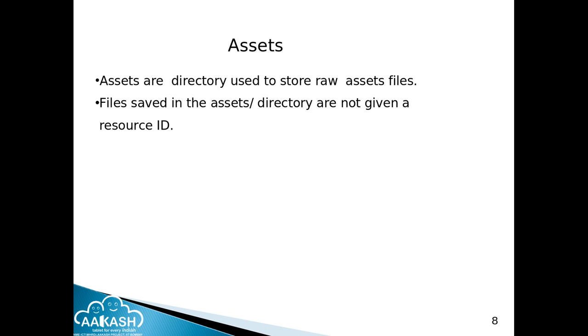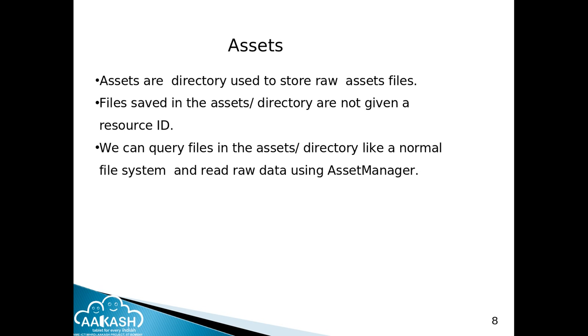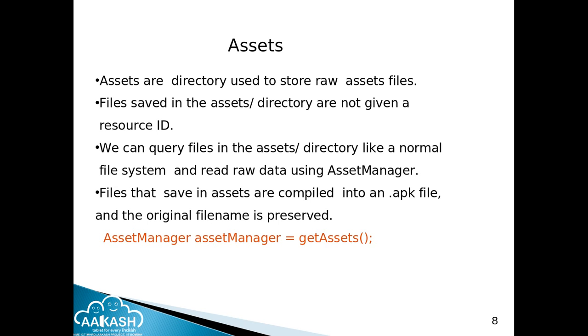So we cannot access asset files from our class file. So they will be accessed as a normal file system using a URL and read raw data using the asset manager. Files saved in assets are compiled into the APK and the original file name is preserved.